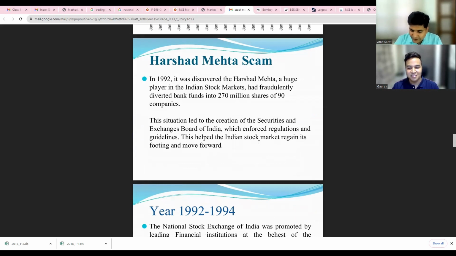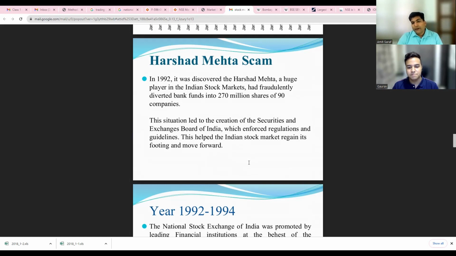Even when this scam was happening, I was a school-going kid at that time, but still I remember how the stock market was on everybody's mind and everybody was following it. That was also the time when the stock market became popular. It became a household talk. Before that, very few knew about the stock market, even if it existed.